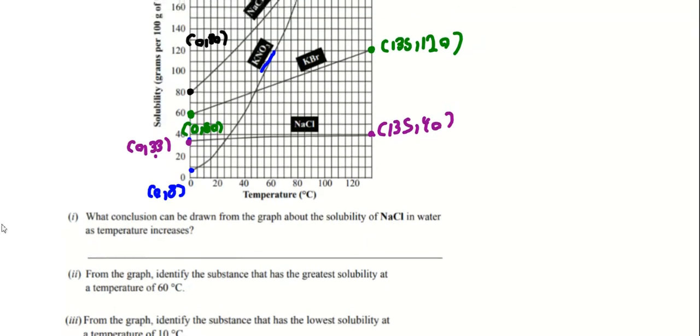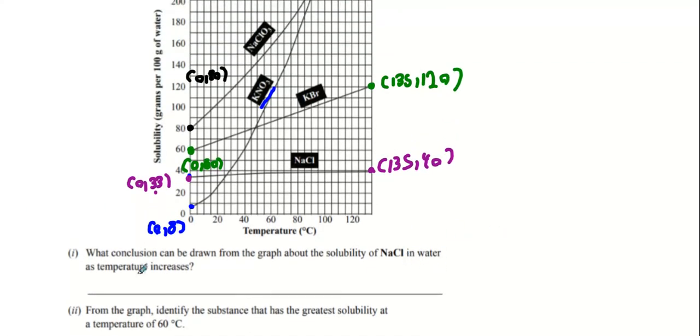What conclusion can be drawn from the graph about the solubility of NaCl in water as temperature increases? The solubility remains roughly the same.